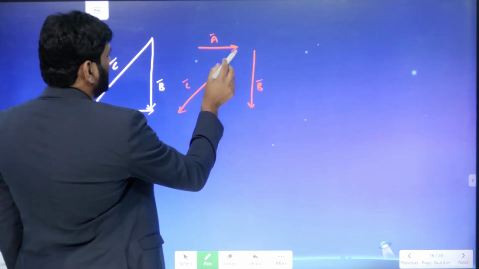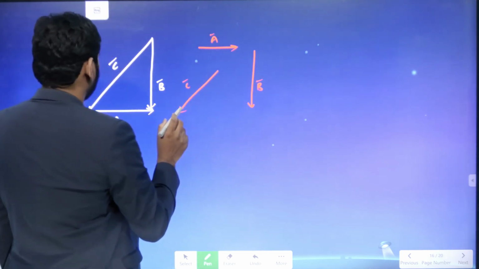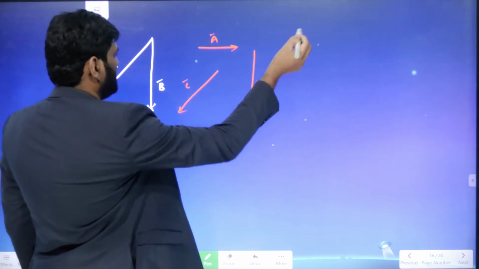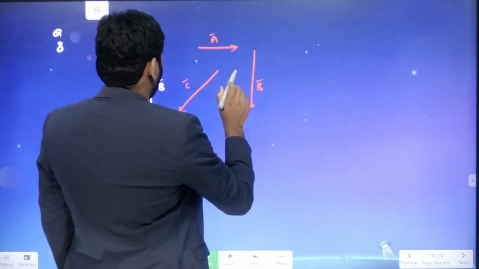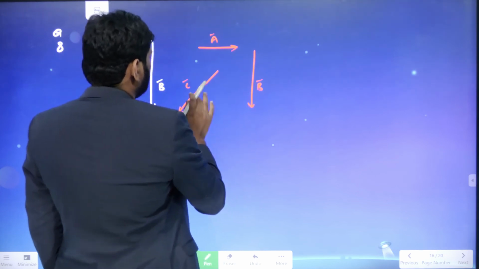Now you can treat this as the first vector.